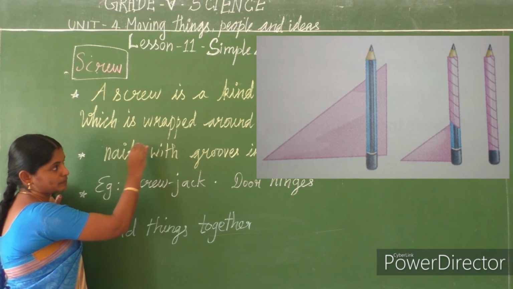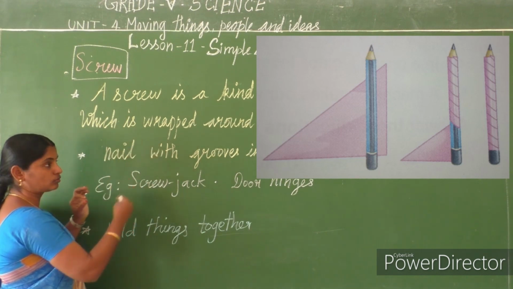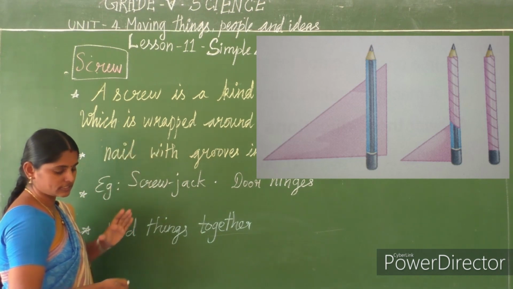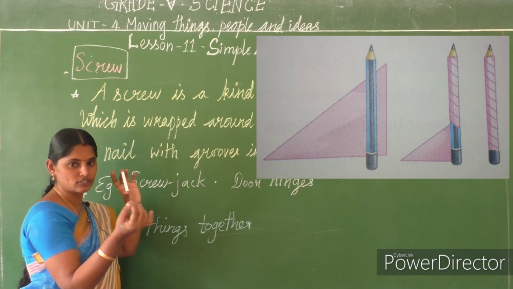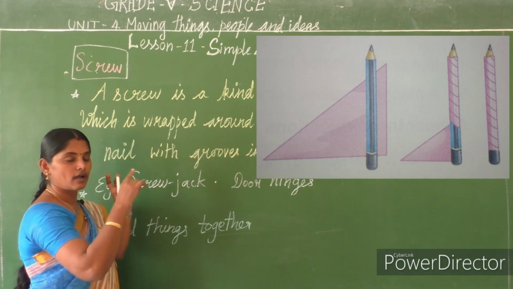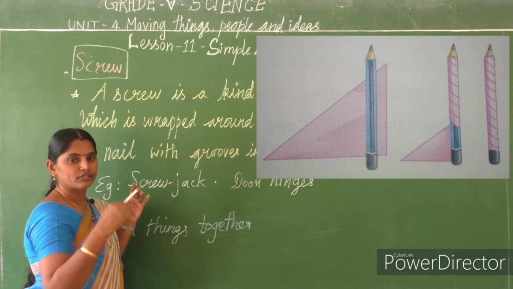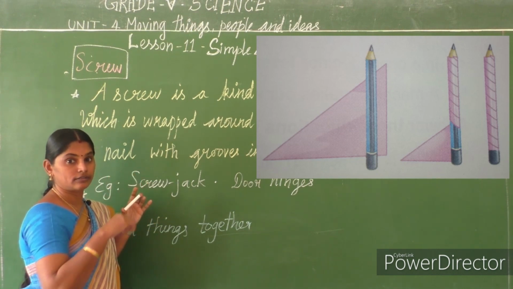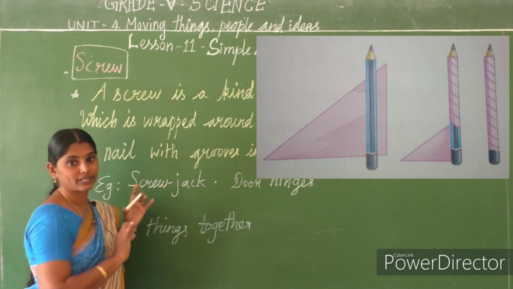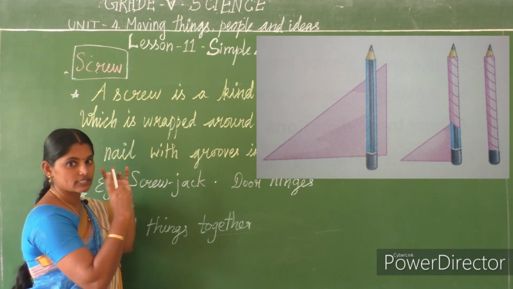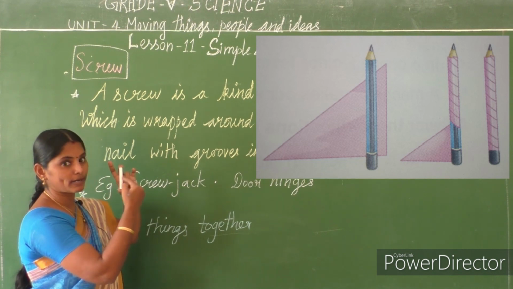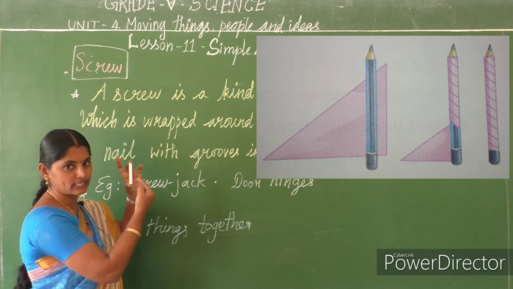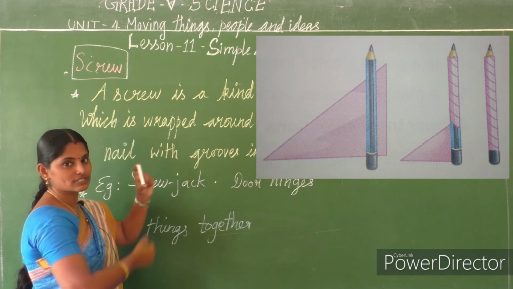See, I'll explain this in the activity, how to do that. You take a pencil, your own pencil you have, no, take a pencil, keep it aside. Take a triangle piece of paper, see, in your book also it is given, wrap the paper around your pencil in such a way, see, it looks like a screw.